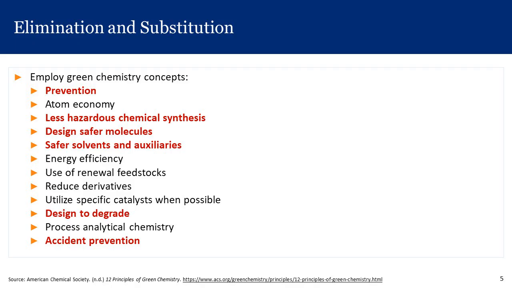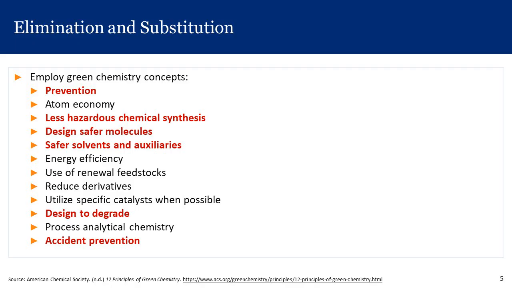Again, reducing the amount of solvents, using safer solvents and auxiliaries, meaning things like separation agents or anti-separation agents to prevent products from separating, colors from separating, and so on. But if we reduce the amount of solvent that we use and other chemicals that are necessary in products, that reduces the waste and also reduces the number of chemicals people are exposed to.